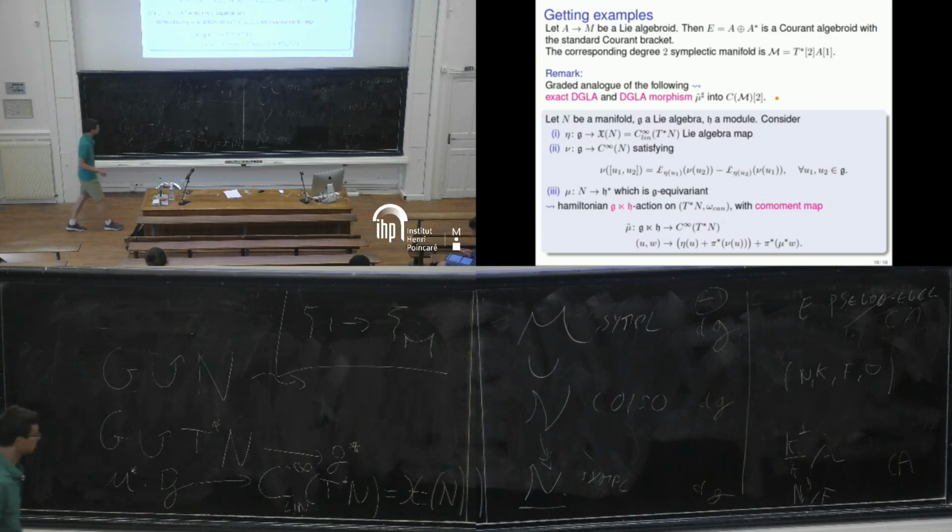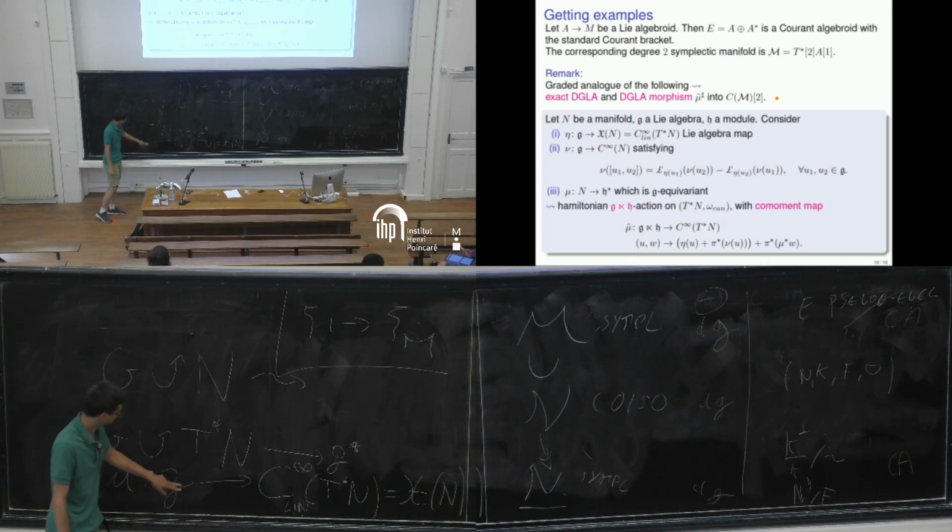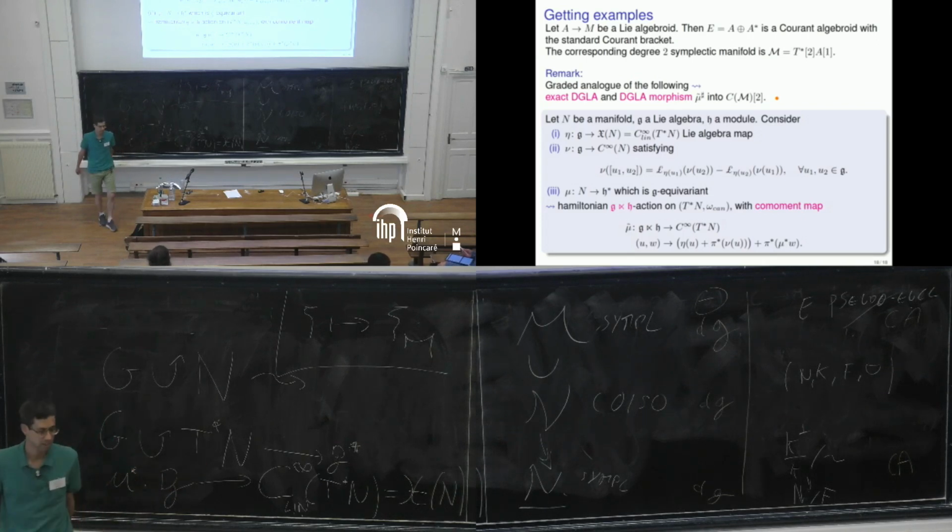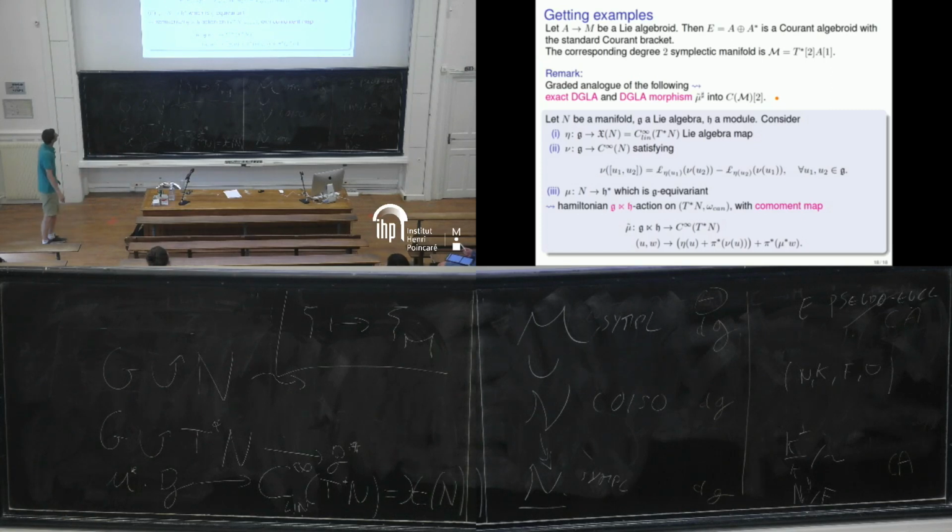So in other words, they're functions on N. And furthermore, I don't just have G, I also take a Lie algebra module H, and then I take the semi-direct product. So what acts is G cross H. And here is where I stop.